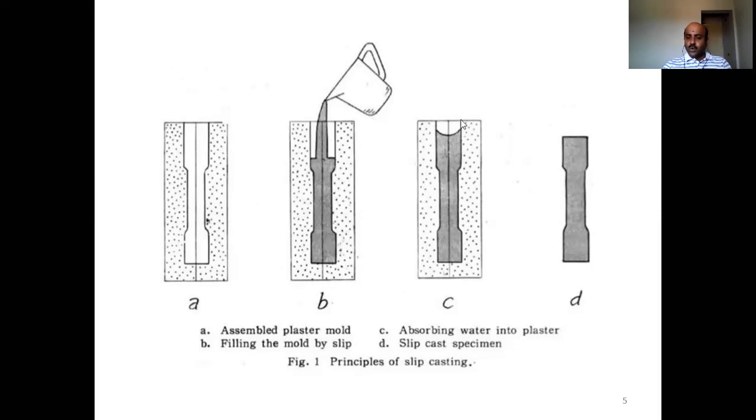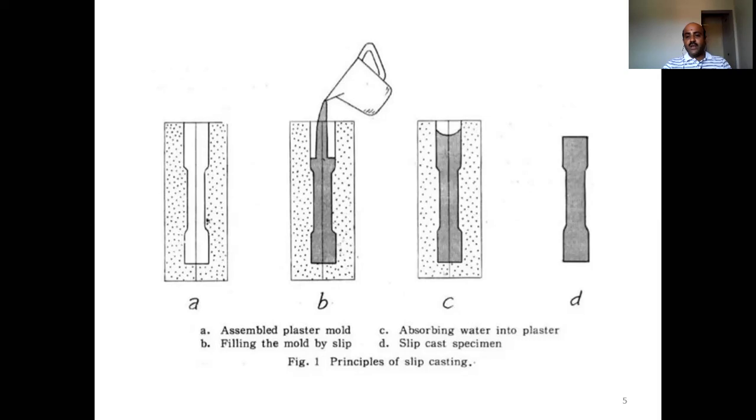Then we allow the slip to set for 10 to 20 hours in the mold so that the POP absorbs the water into the plaster. Any water content is absorbed by the POP, and hence it is allowed to set for 10 to 20 hours in the mold itself.